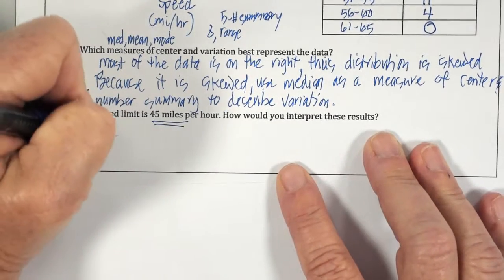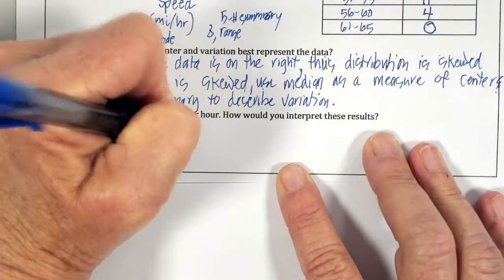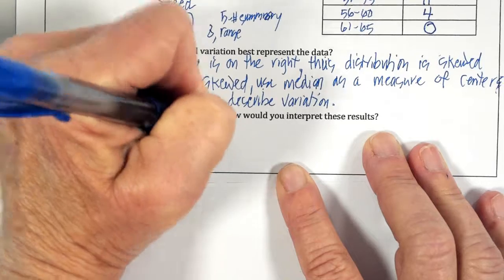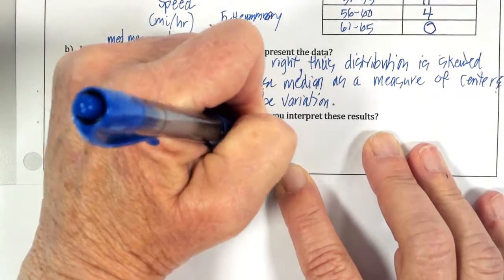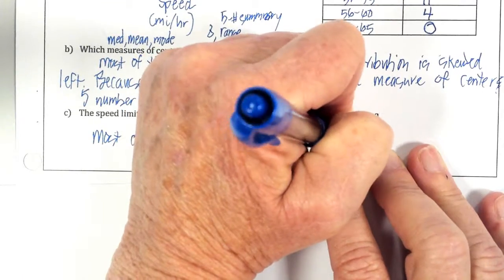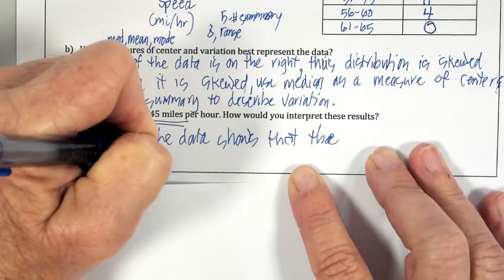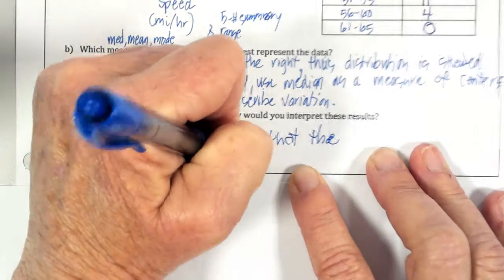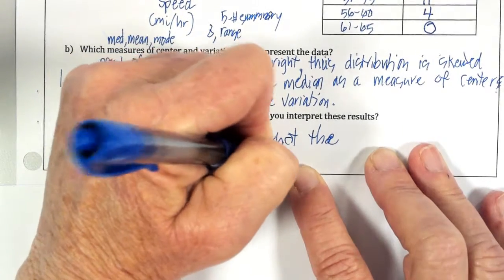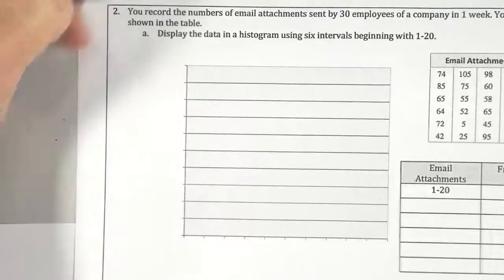Most of the data shows that the motorists are speeding. That's what it means.